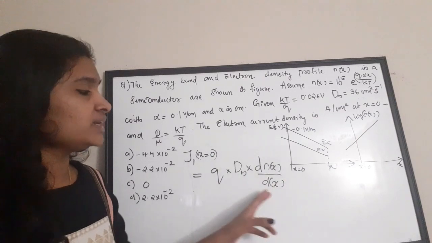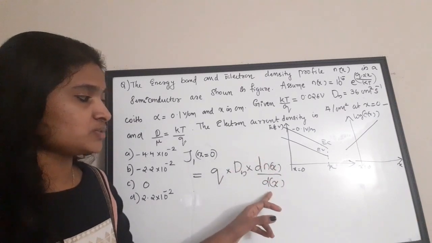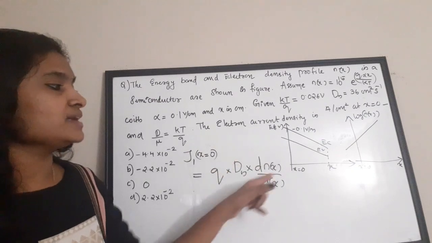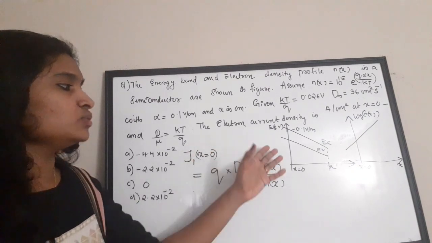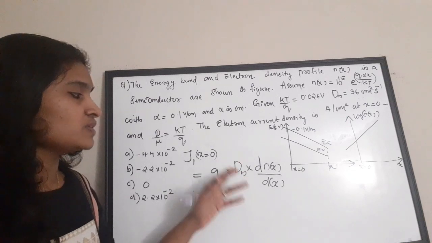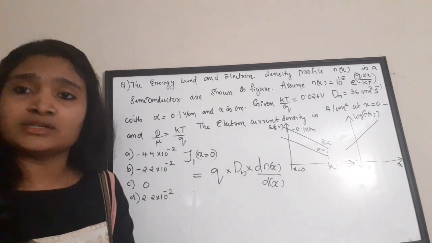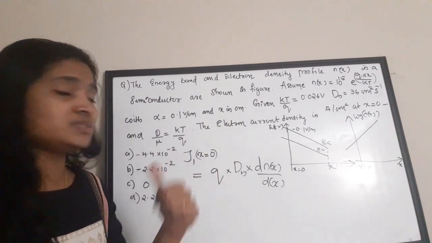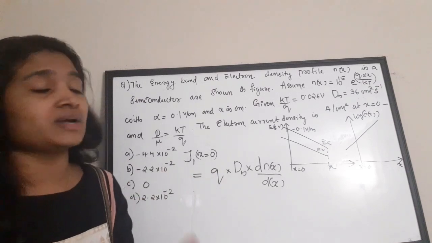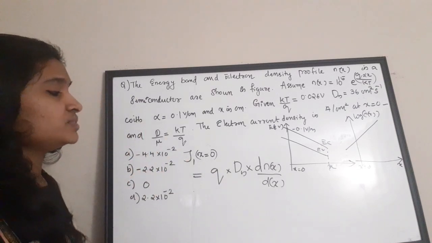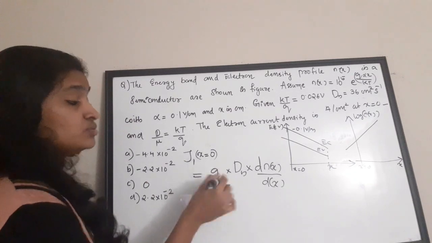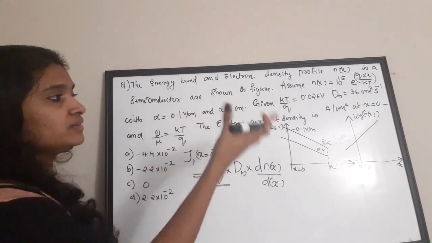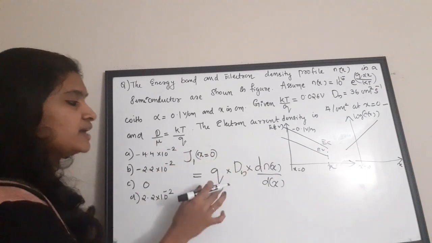So we have to take the differential with respect to the distance, dn(x) by dx. So in order to calculate the diffusion rate, we do this, into the diffusion constant into the charge of an electron. Here we are taking electrons, so Q is equal to 1.6 into 10 raised to minus 19. Very simple, right? We should know the value of Q. It won't be given in the question sometimes, so you should know the value of Q.